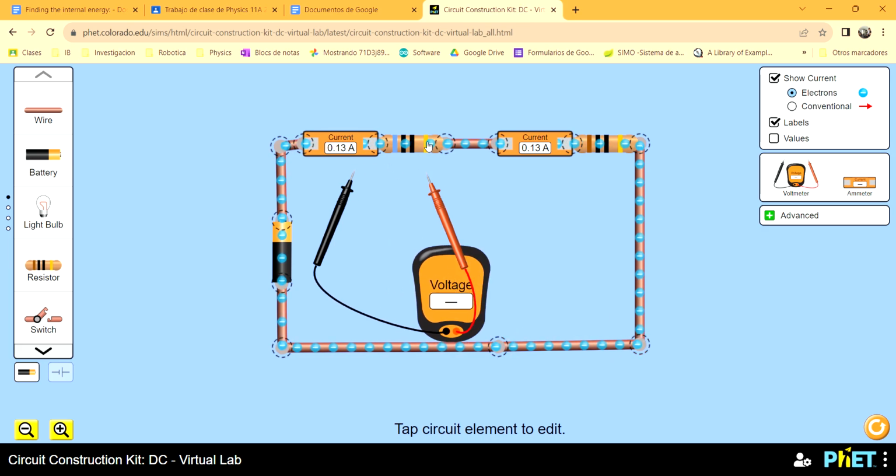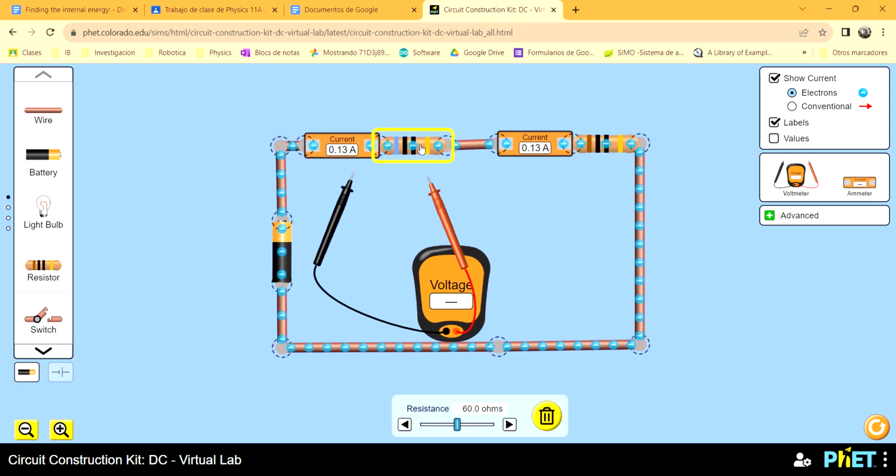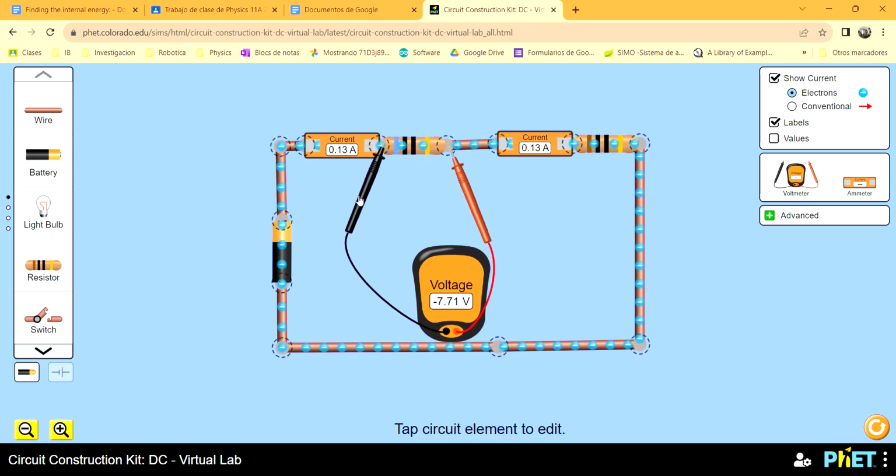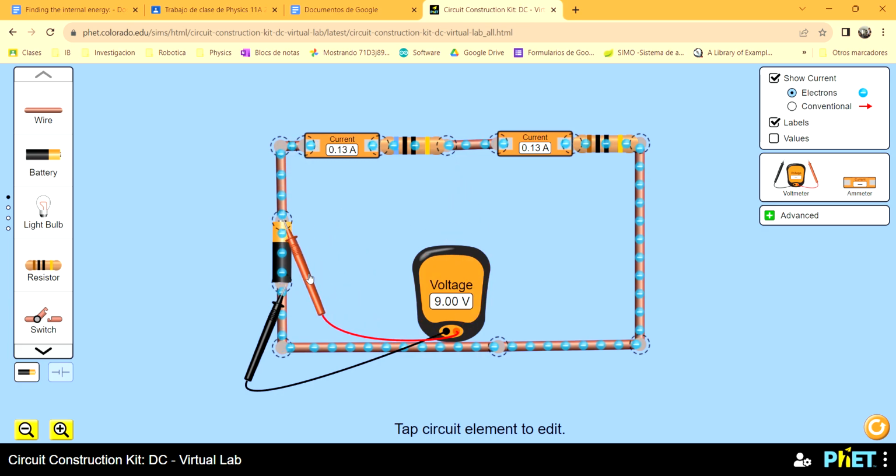Now the current is different because I added another resistance, and as you should know, if I keep adding resistance in series, the total resistance will increase, so the total current will decrease, as Ohm's law states. But the total voltage won't change because the total voltage depends on the source. So if I measure this voltage, it is 9 volts.